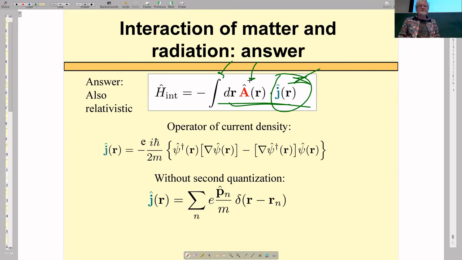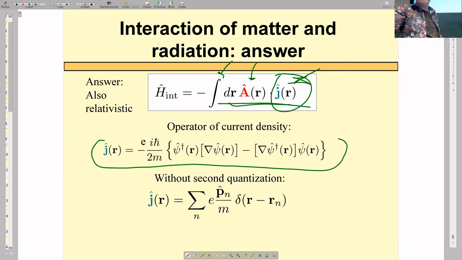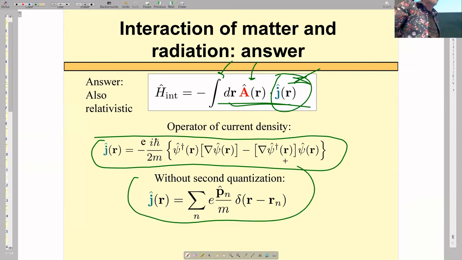Fine. So I put different definitions of the operator of current density. With second quantization, and here without second quantization, just the contribution of individual particles. I didn't present it as a quantum field.